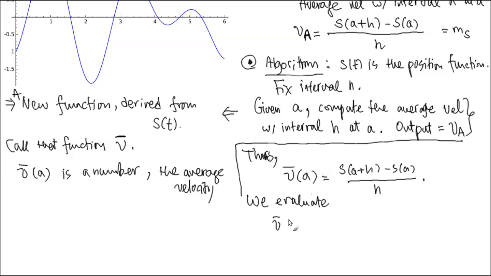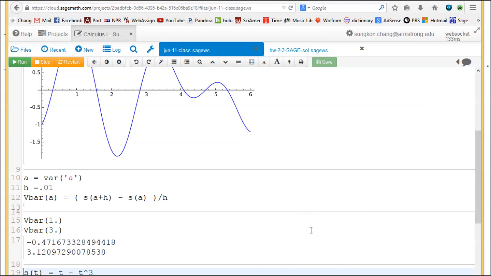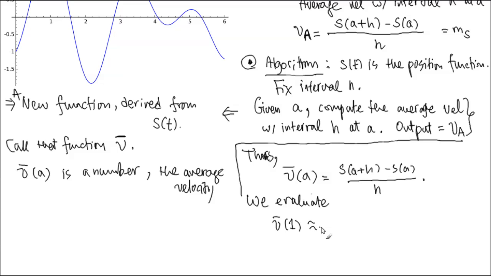So what was v-bar of 1? It turns out that was negative 0.47, right? And average velocity at 3 seconds is roughly 3.12. That tells you how fast it's moving over a 0.01 time period at that instant, right?